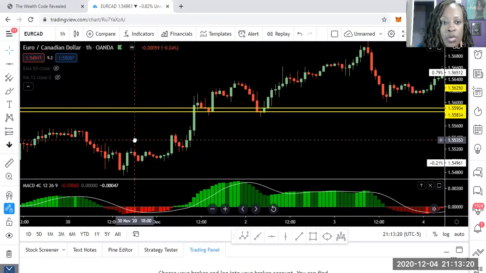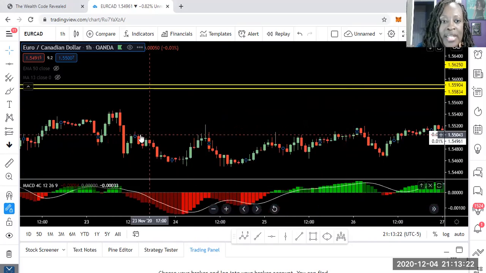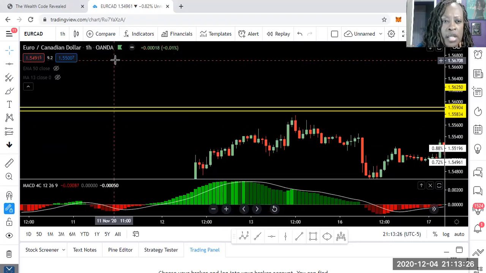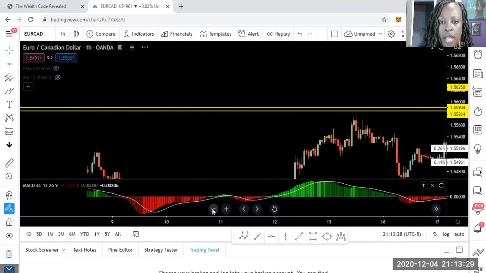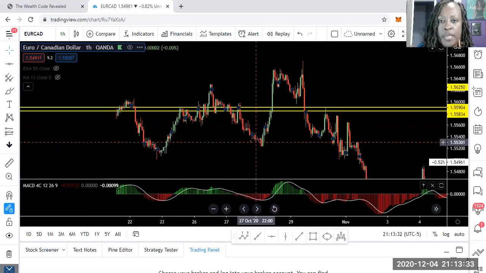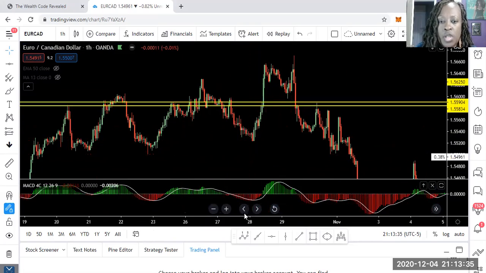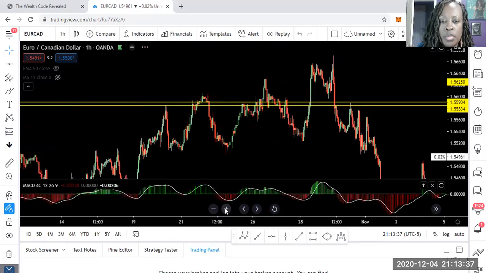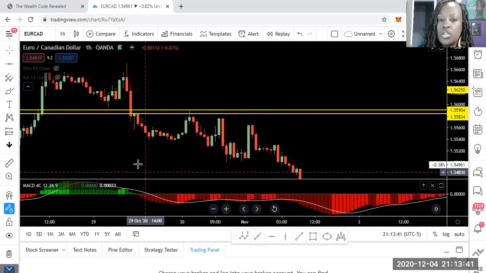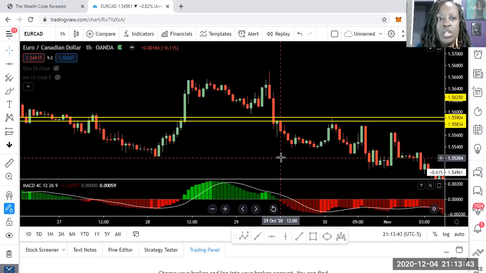All righty, so let's take a look at the opposite direction. Let's go opposite. Now we're looking for sells, right? And again, anything that you're trading, look for the 50% engulfing entry.